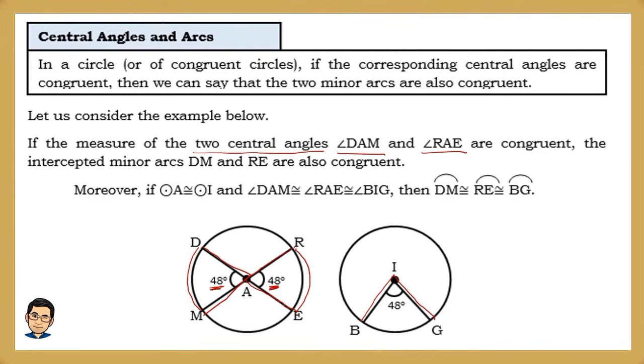As you can see, 48 degrees din po yung sukat ng angle BIG na central angle. And then arc DM is congruent to arc RE, and then congruent to arc BG. So, since napatunayan naman natin at yung tatlong central angles ay congruent as well as yung dalawang circle, pwede natin i-conclude na yung tatlong intercepted minor arcs are all congruent.